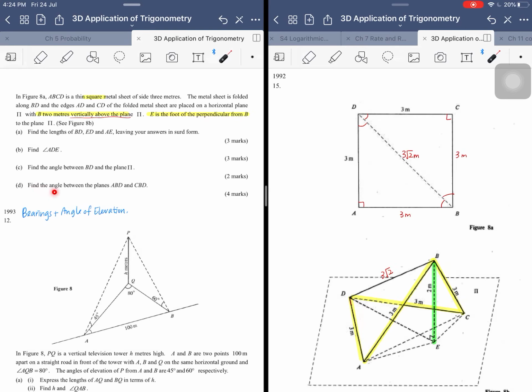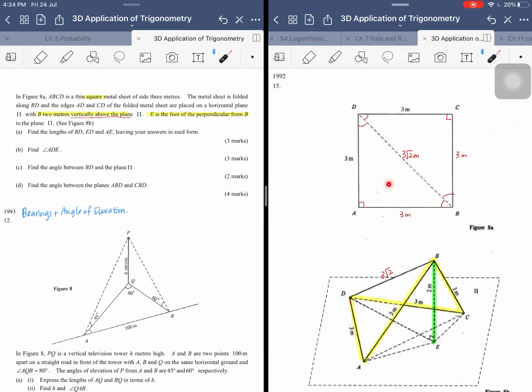Last, find the angle between the planes ABD and BCD. Right? Okay, so you know that we need to draw the perpendicular lines, right? And think about it. How is this related to this diagram? When we say we draw a perpendicular line from A to BD, how long is it actually?